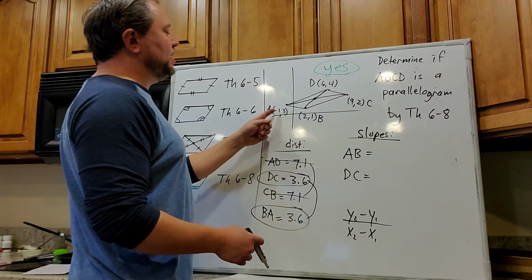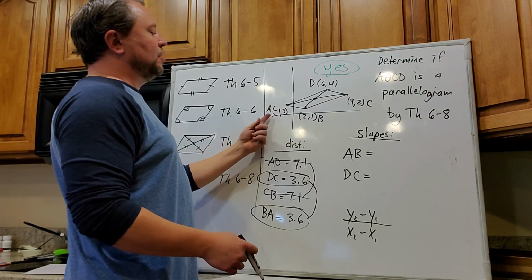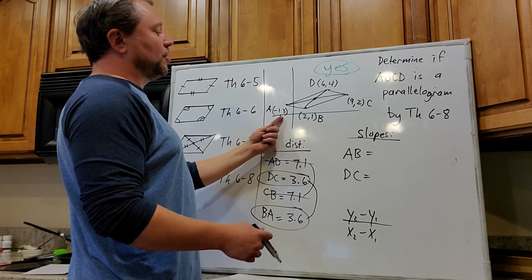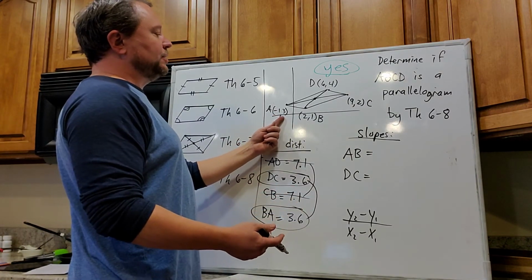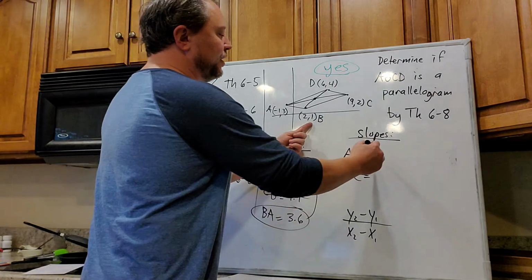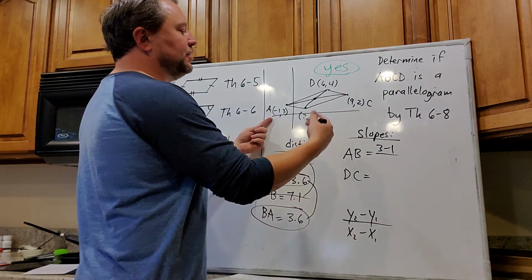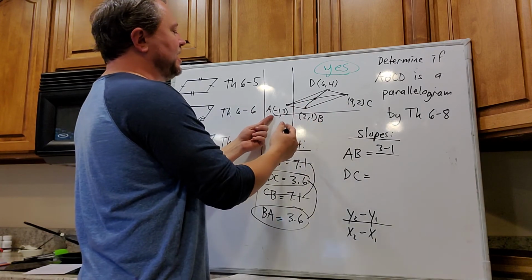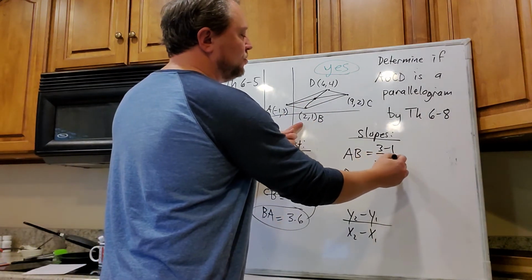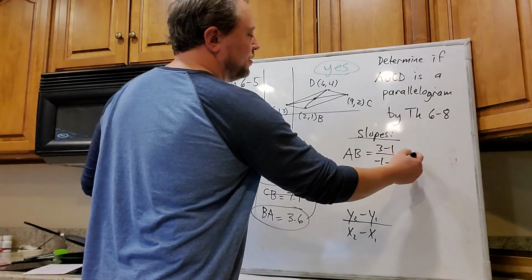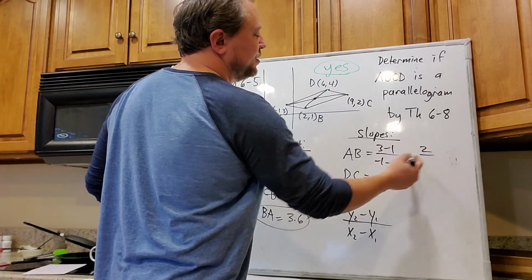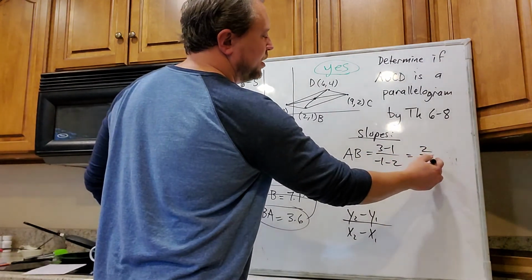So when you look at AB, I'm going to go left to right. I'm going to start with the y values, and on top then, 3 minus 1. X values on bottom, in the same order again, left to right, is negative 1 minus 2. If I do the math now, that's 2 over negative 3.